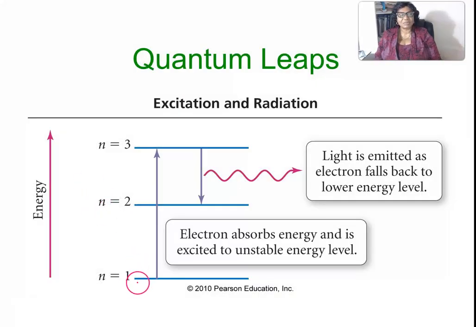Look, the atom has absorbed energy from n equals 1 to n equals 3. When it gives out the energy, it falls back from n equals 3 to n equals 2. It gives out the energy in the form of light. Then it falls back to the lower energy level.